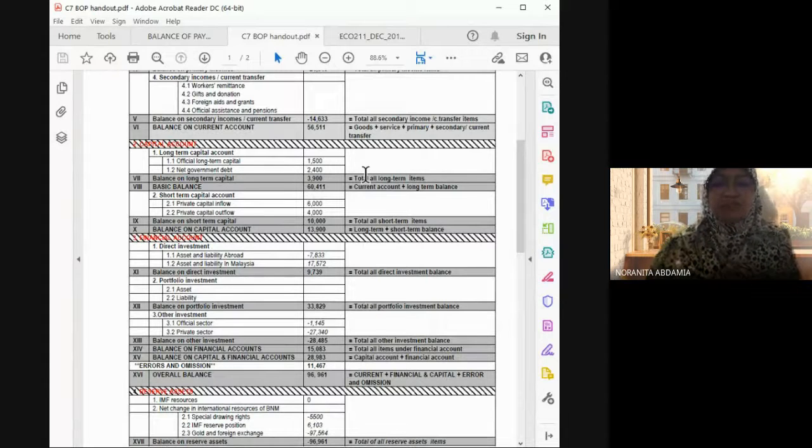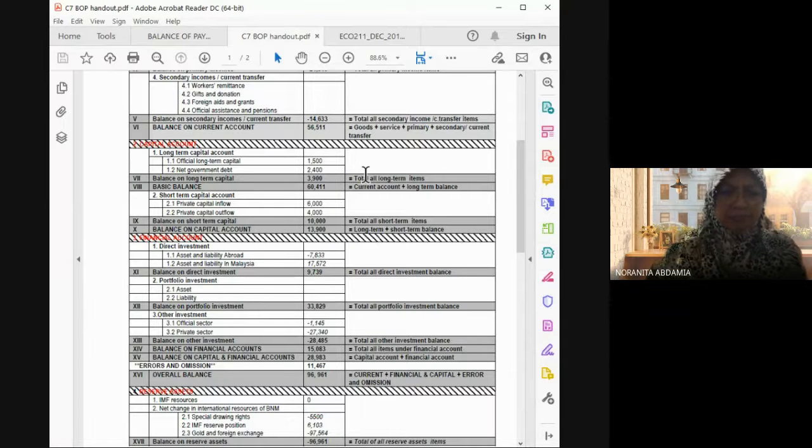Okay, so then we go to the second major account, which is apa? Financial account. If you refer to any reference book, kalau nowadays punya, I think 2016 and above publication, normally they just state it as a financial account only.